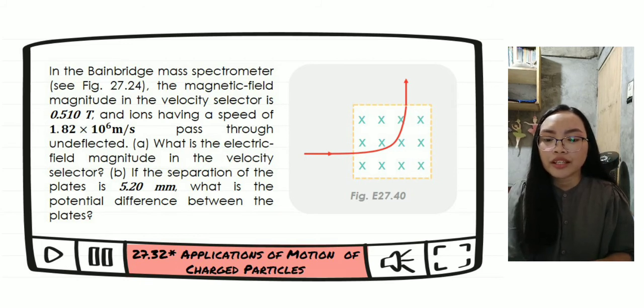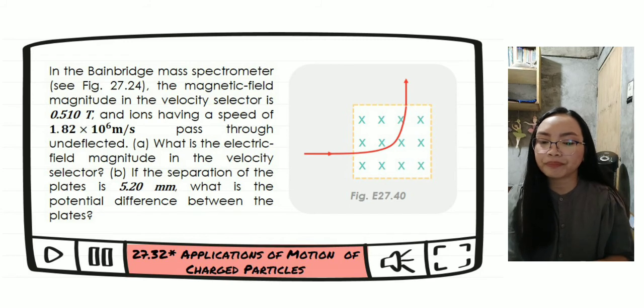Part B. If the separation of the plates is 5.20 millimeters, what is the potential difference between the plates?